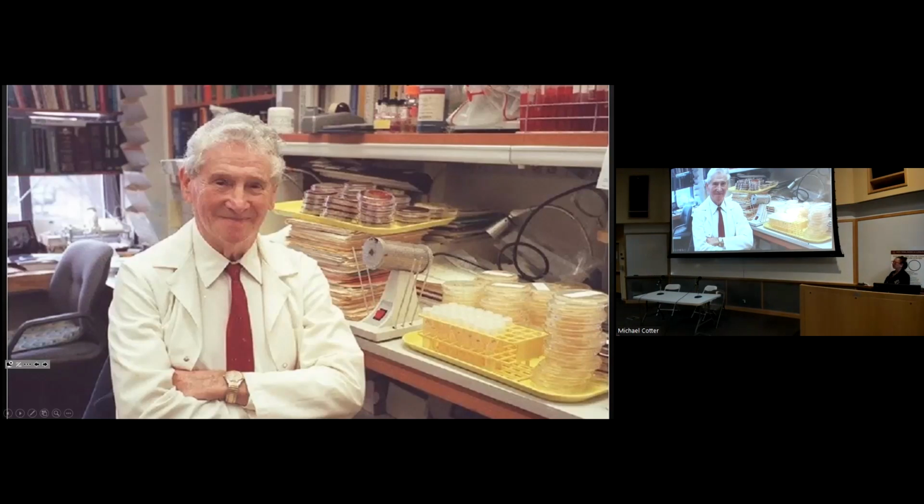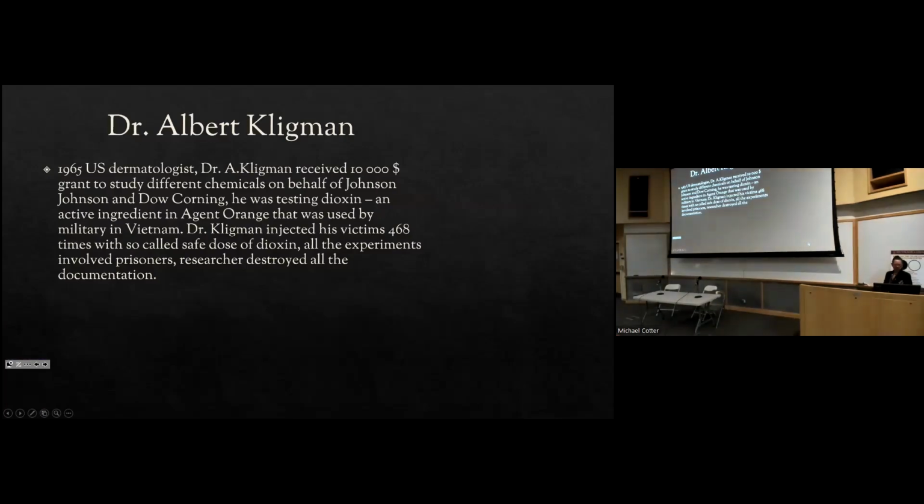When you look at this kind face, he looks like anybody's grandpa or old uncle, and he is not. He's Dr. Albert Kligman. He was a dermatologist who in 1965 received a $10,000 unrestricted grant for his research.